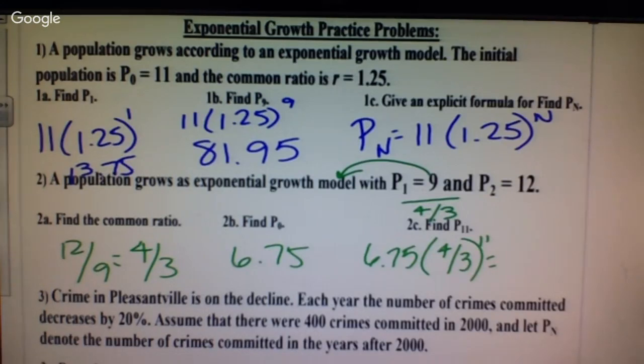My answer's wrong. 159.81 is what I got. Did you use the fraction to make the decimal? Can you scroll down? Well, what did you get?